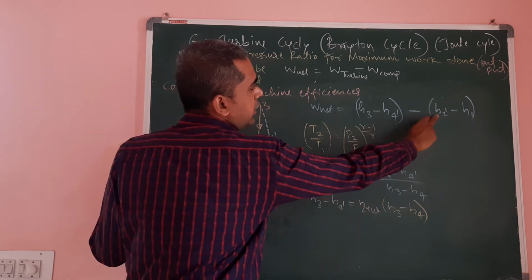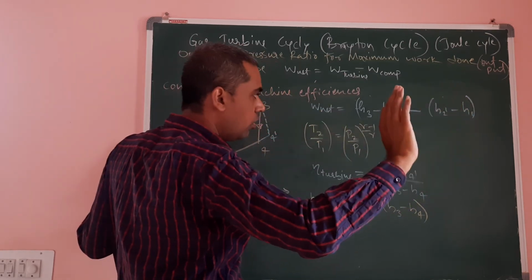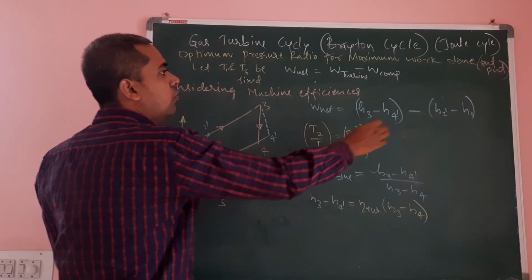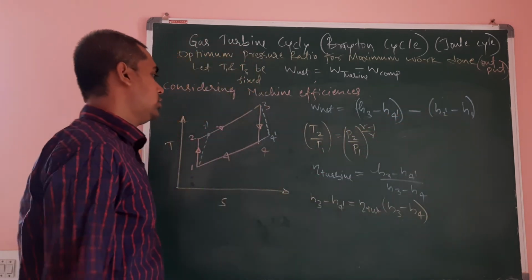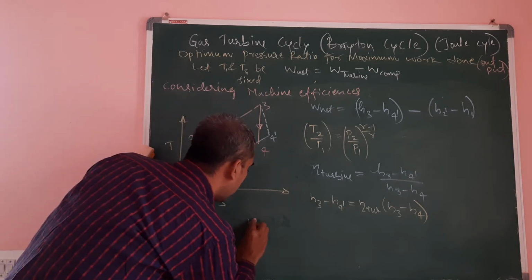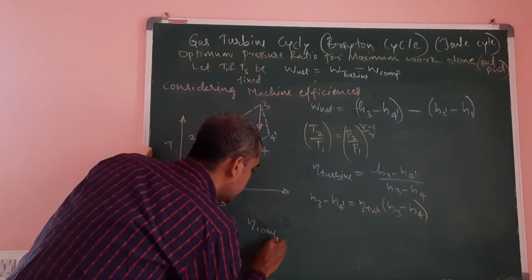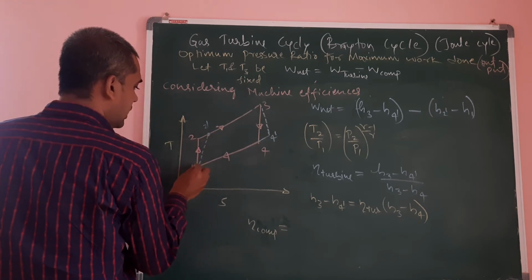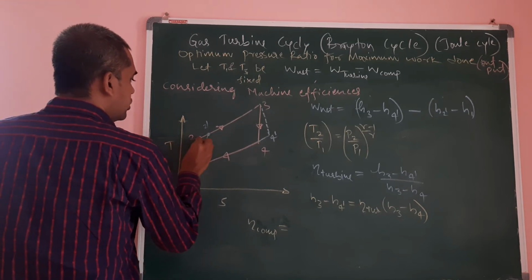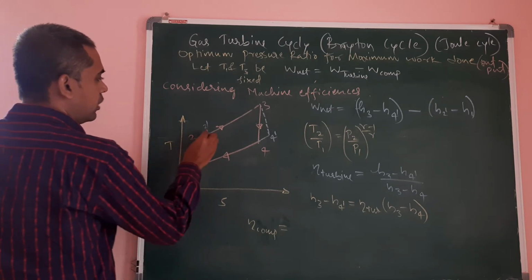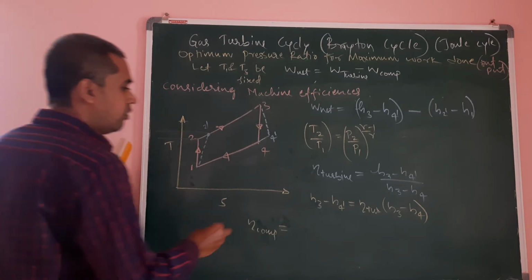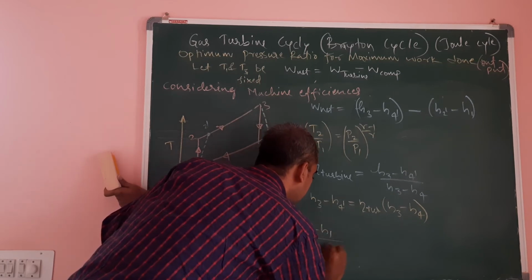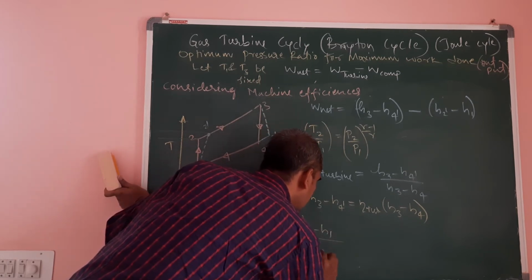Next, we don't want H2 dash because we don't have an expression like this. Therefore, we have to replace H2 dash by H2. We can do it by compressor efficiency. Compressor efficiency is equal to what? Again, we have to take smaller by larger. Here you can see H2 minus H1 is smaller compared to H2 dash minus H1. Therefore, compressor efficiency is H2 minus H1 divided by H2 dash minus H1.